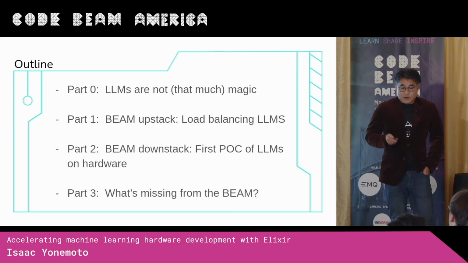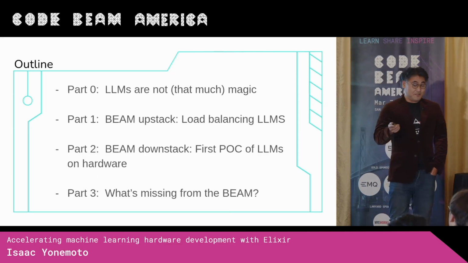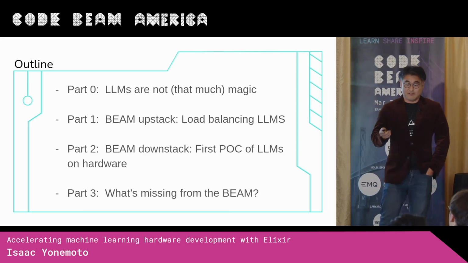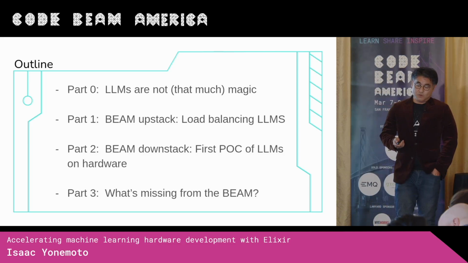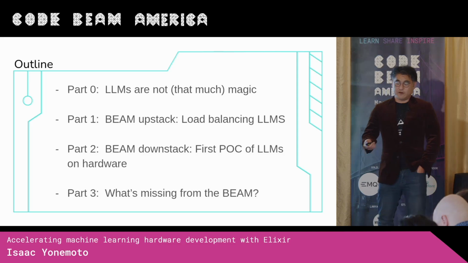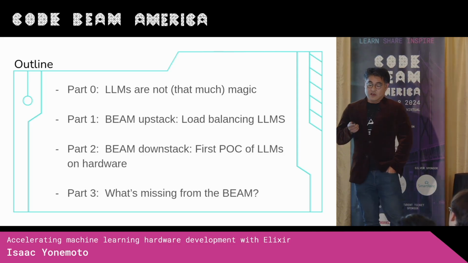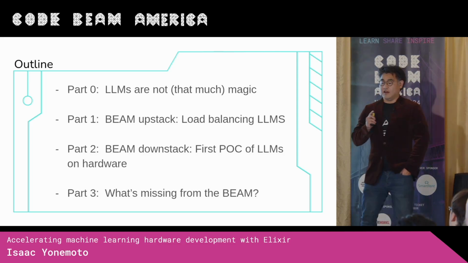Okay, so given that background, I'm going to do a quick outline of what I'm going to talk about. The bulk of this is actually going to be part 0: LLMs are not that much magic. I'm going to explain to you how LLMs work. Then two case studies: Beam Upstack, which is an LLM load balancer, which I wrote for Positron, and then Beam Downstack, which is actually using the BEAM to probe and debug hardware.